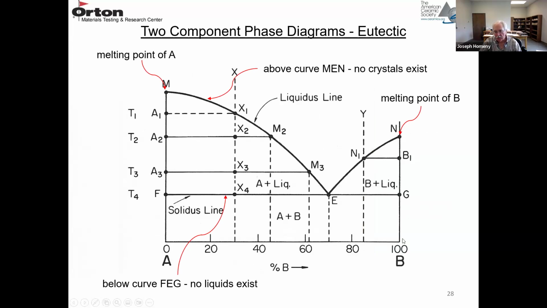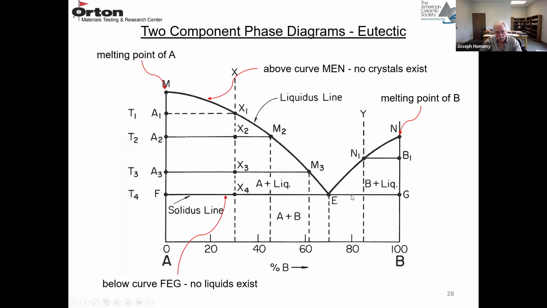This is 100% B on this axis, so the melting point of B is N over here. This curve, M, E, N, is the liquidus line. So above this curve, there are no crystals, it's all liquid. So this is a liquid region.